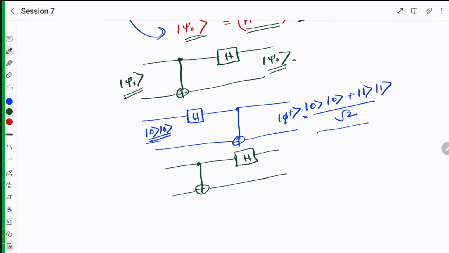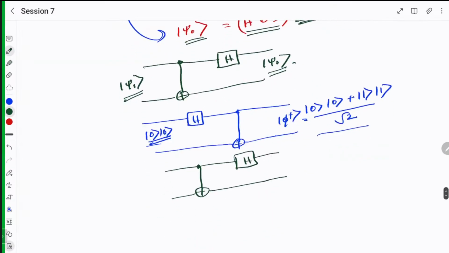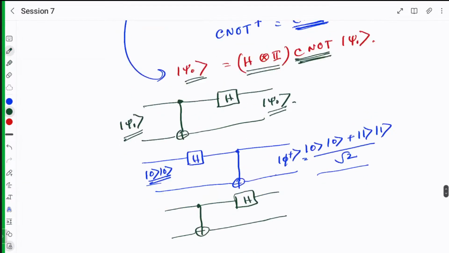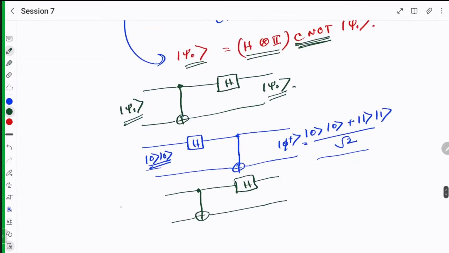And we were able to just reverse the order because in general we have to reverse the order and take the dagger. But as we have seen, both C naught and Hadamard, apart from being unitaries, are also Hermitian.